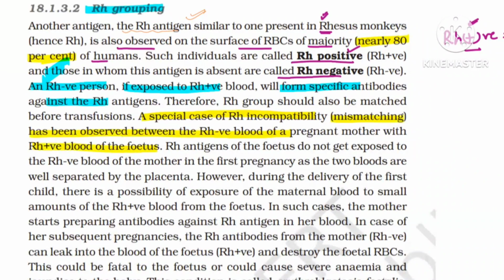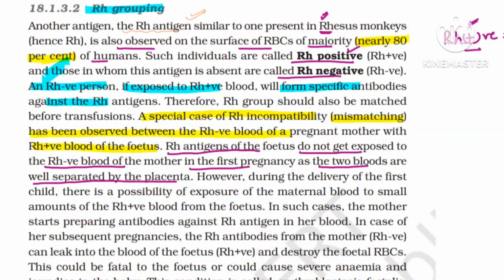Mother is Rh negative, means she does not have the antigen. Fetus is Rh positive. In her first pregnancy, there will be no mixing of the blood because of the placenta. The Rh antigens of the fetus are not exposed to the Rh negative blood of the mother in the first pregnancy because these two bloods are separated by the placenta. So no mixing is done and it is safe.